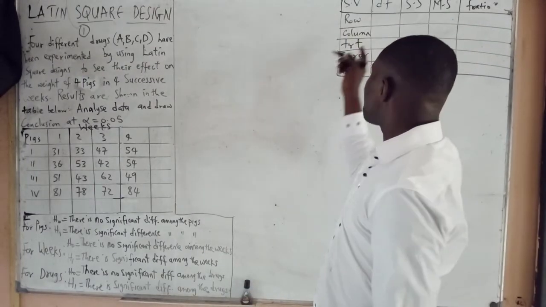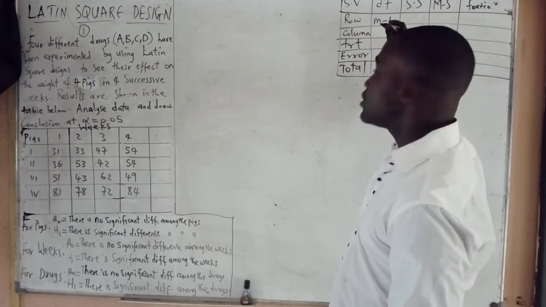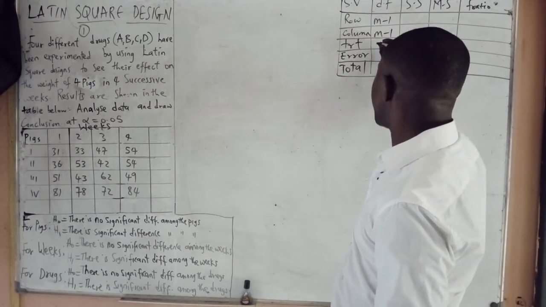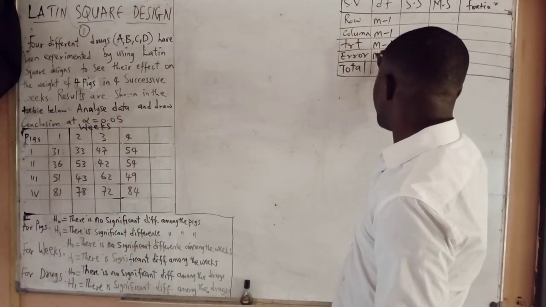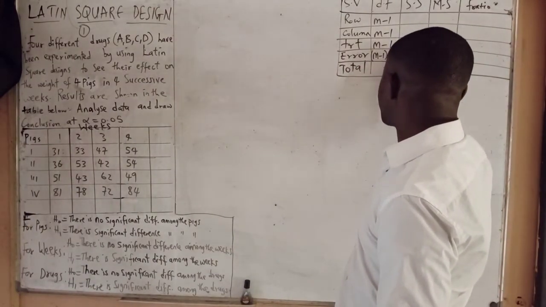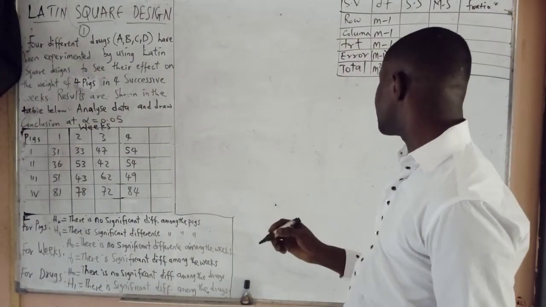Now, degree of freedom is M minus 1, M minus 1, M minus 1, M minus 1 bracket M minus 2, then M squared minus 1.